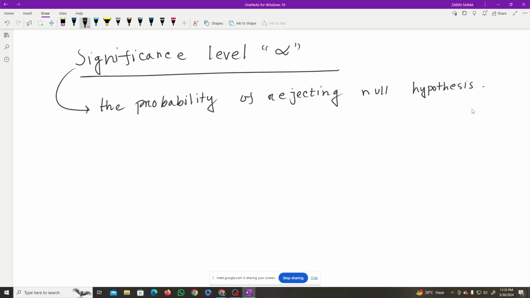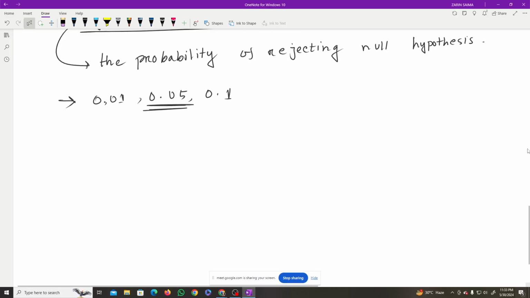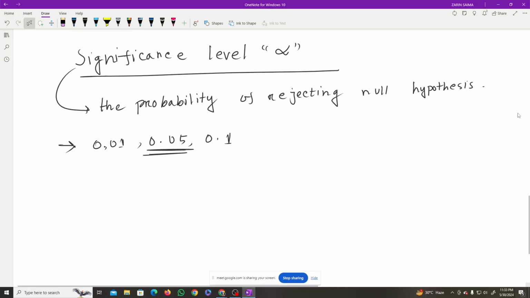And usually the values for alpha are typically 0.01, 0.05, 0.1. Typically we will see that this value is mostly used. Now let's have some examples to understand this topic more clearly. Suppose there is a candy making machine and you want to test if the machine is working fine or not.